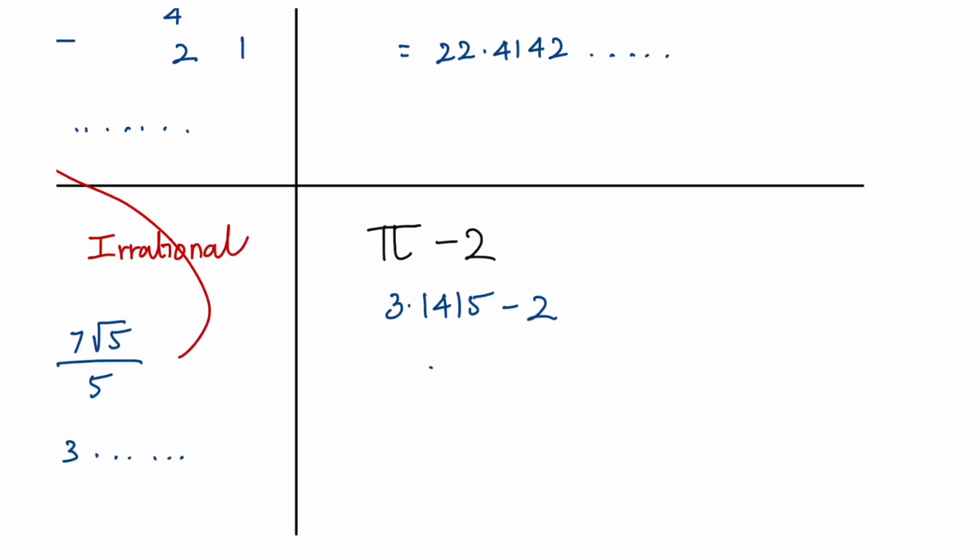The value would be 1.1415 and it keeps on going, right? So this also keeps on going, and that would mean pi minus 2 is also irrational because it is non-terminating and non-repeating.